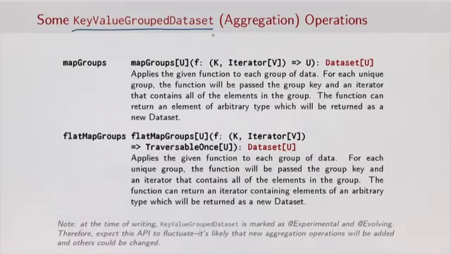So you could imagine going to the collection of the values, and here mapGroups basically does a map on that collection of values, and it returns a new dataset as a result. And we have the same thing for flatMap, exactly the same idea, just the flattened version.